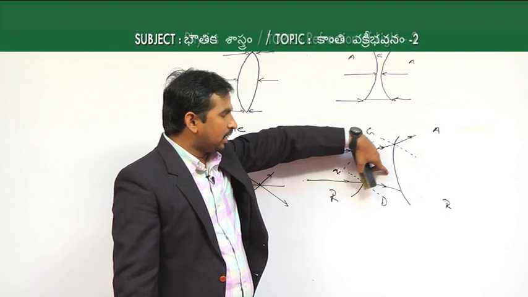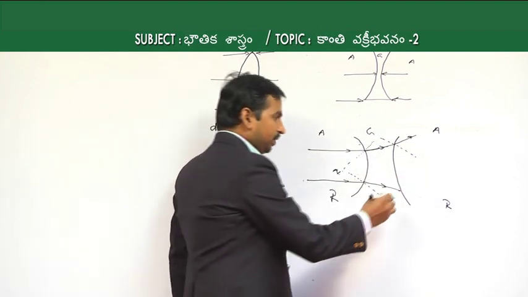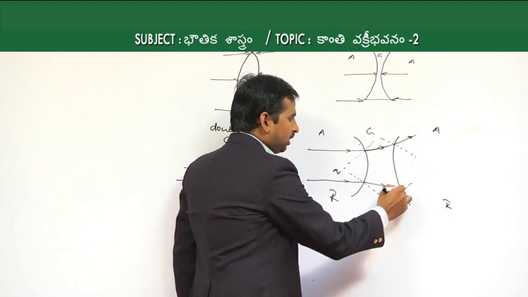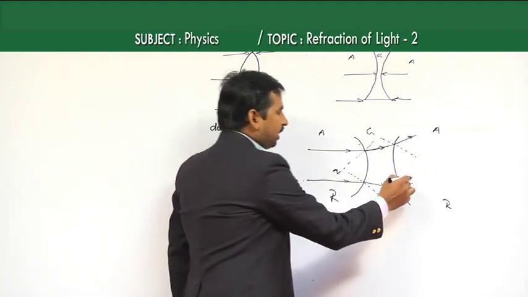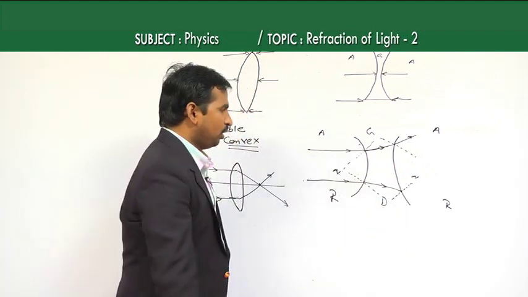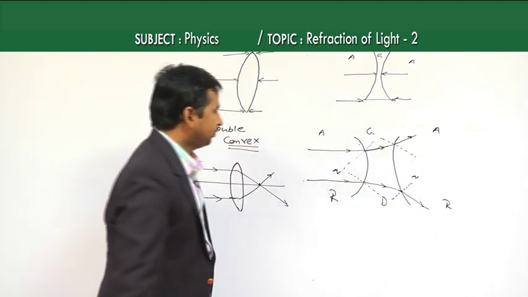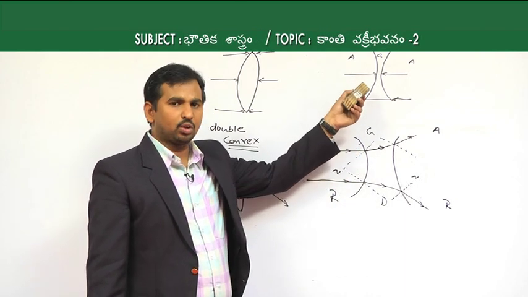Now we are taking glass to air, which is denser to rarer medium. At this point again, if you take the normal, here the normal is like this. As the normal is like that, the light ray bends away from the normal, going down here like this. Okay, this is the refraction that takes place in a double concave lens.